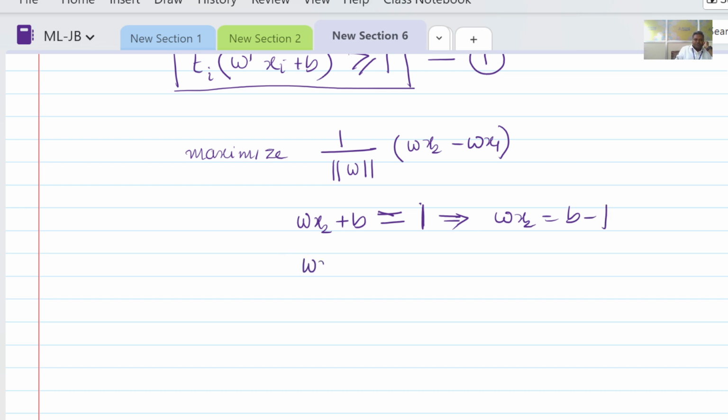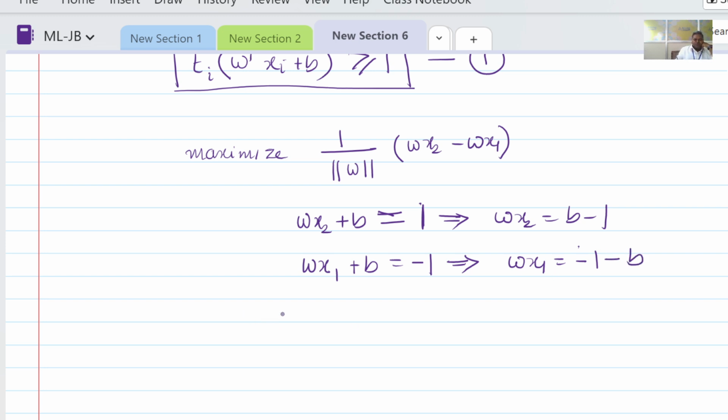Similarly, x1 is the negative class, so Wx1 plus b is equal to minus 1, so Wx1 is equal to minus 1 minus b.